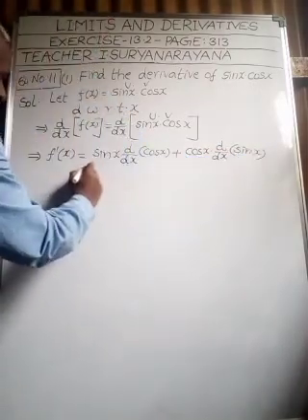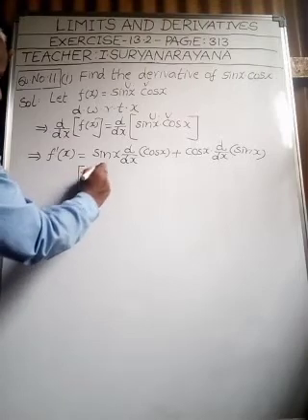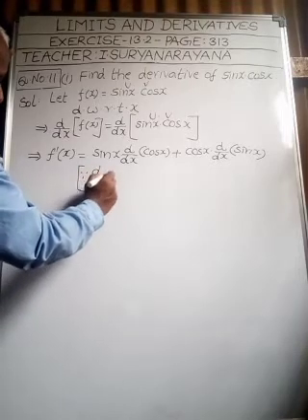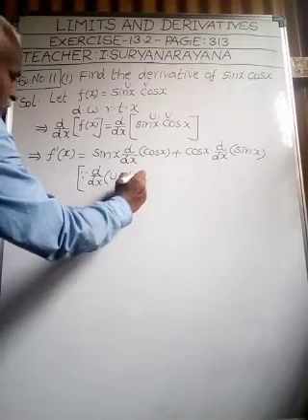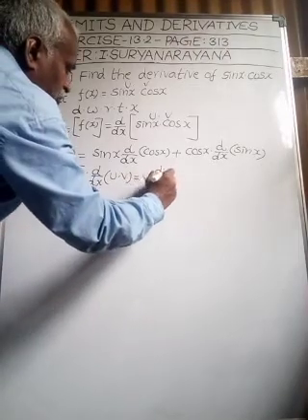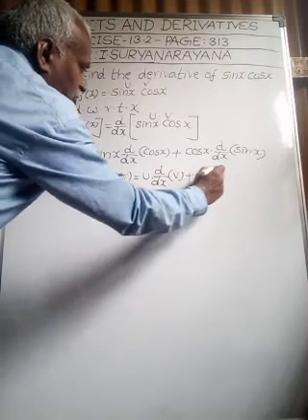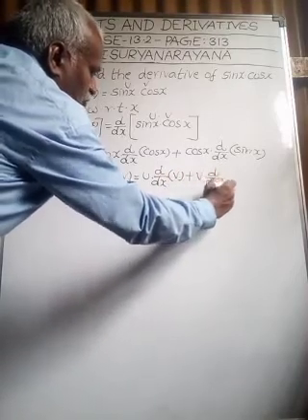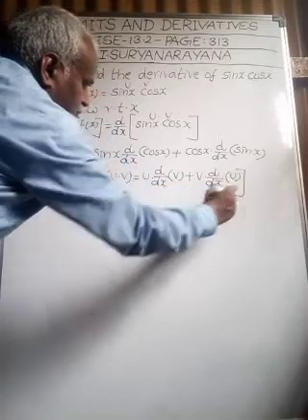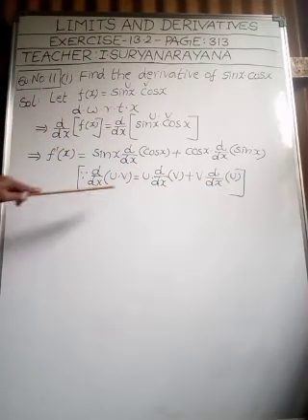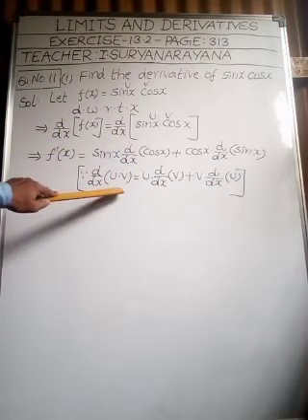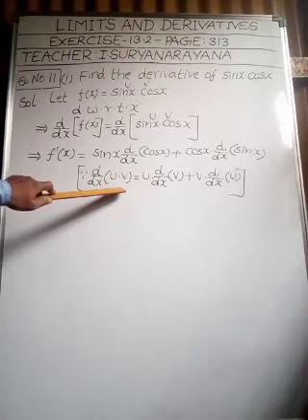Okay, my dear children, I am writing the formula d by dx of uv is equal to u into d by dx of v plus v into d by dx of u. This is also called simply the UV rule or product rule.